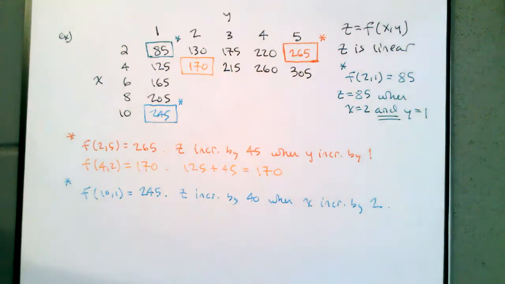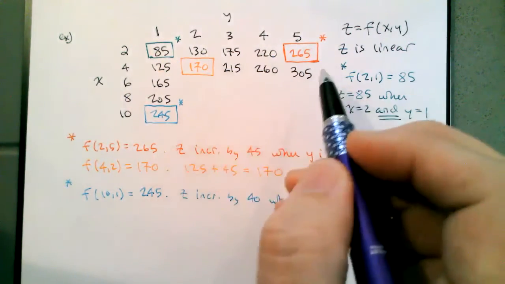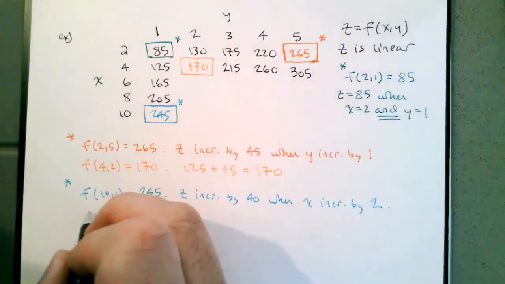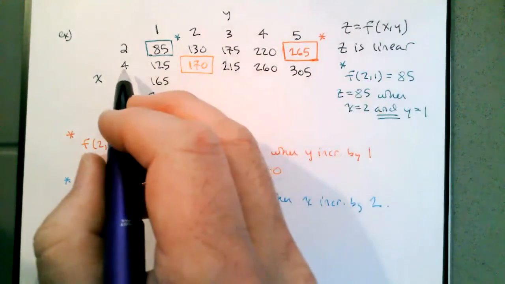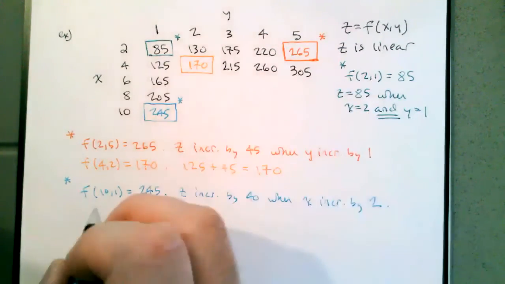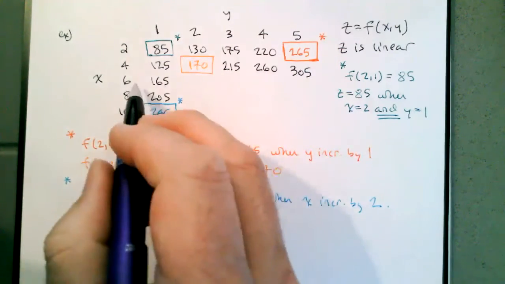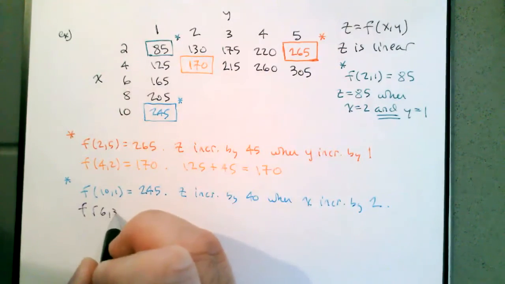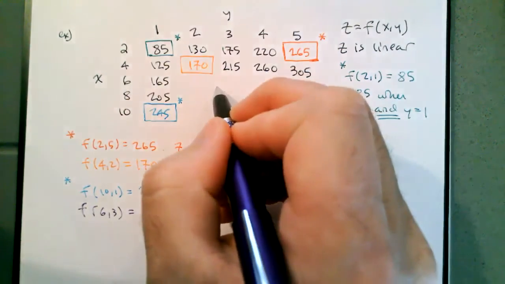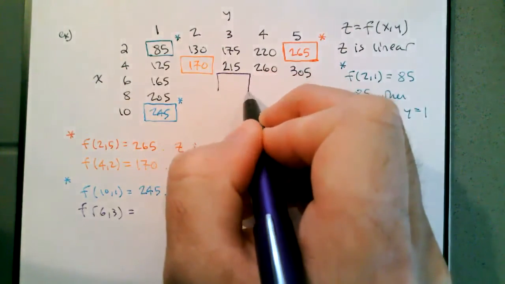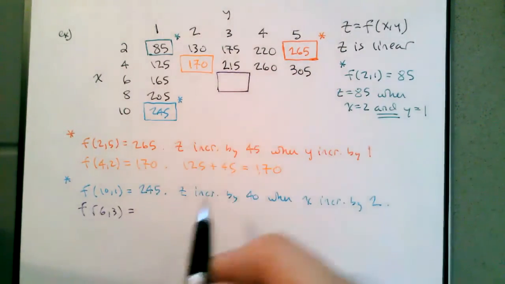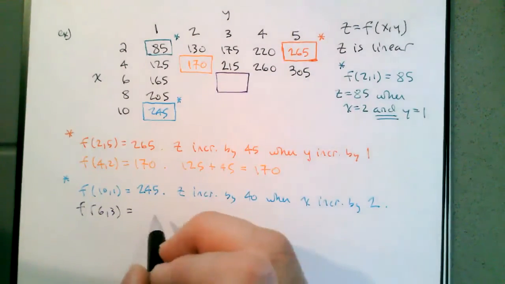So now if I want to continue on any one of these lines, say, I know that f of 4, 3 is 215. So if I want to calculate f of 6, 3, I just need to add 40 to the 215.